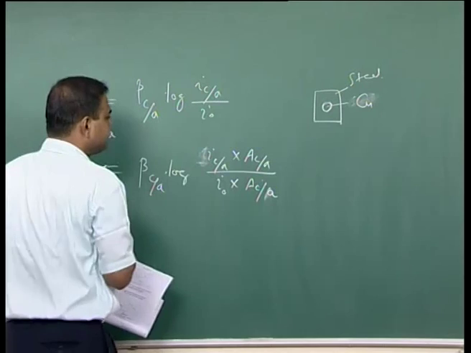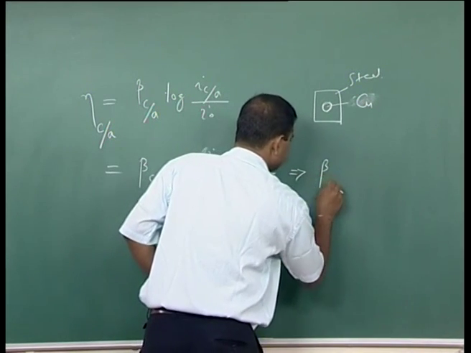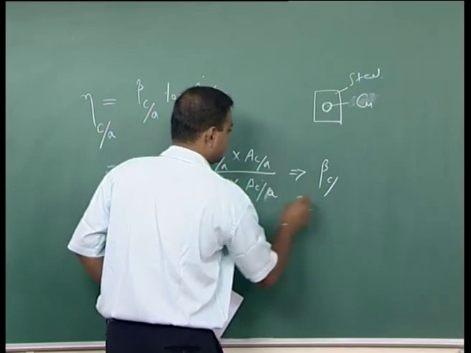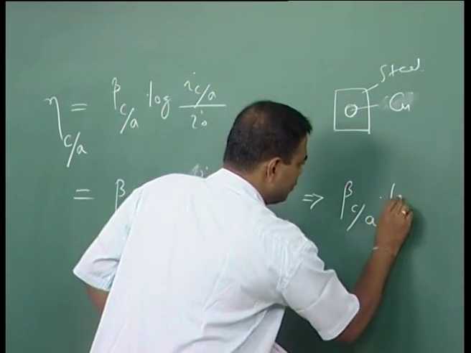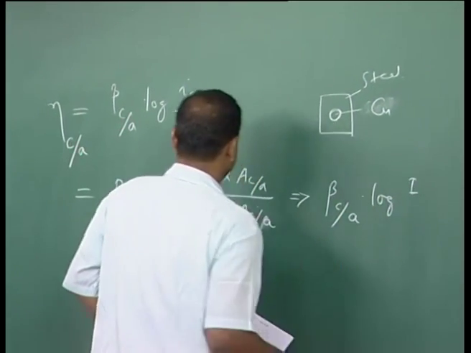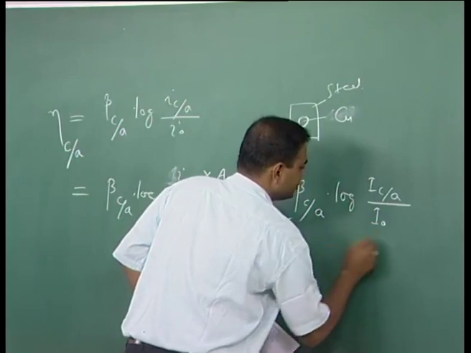Now, once you have this, you can write it as beta C or beta A, for cathodic or anodic, into log I, capital I, cathodic or anodic, over capital I0.